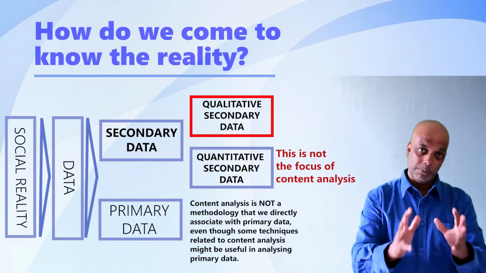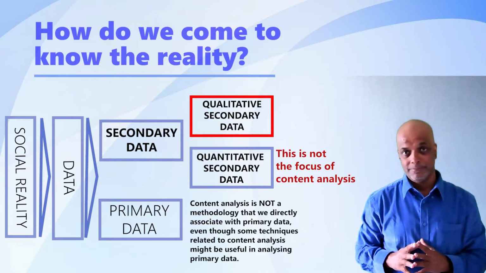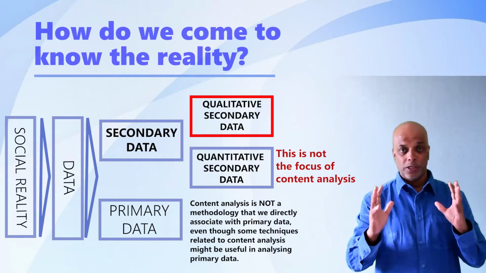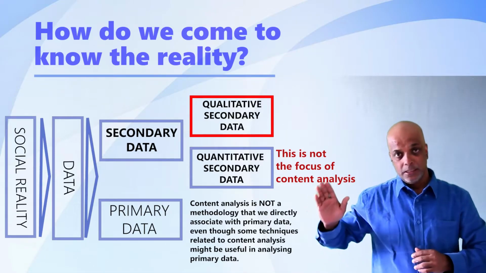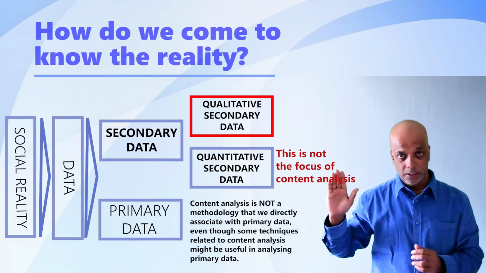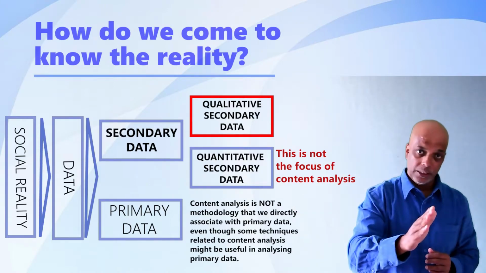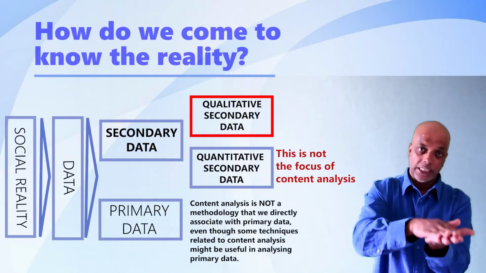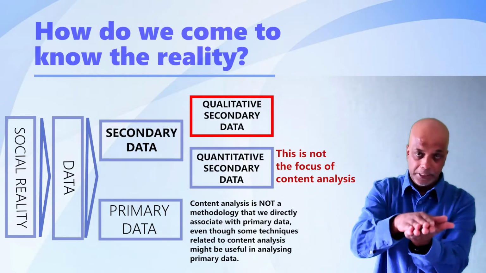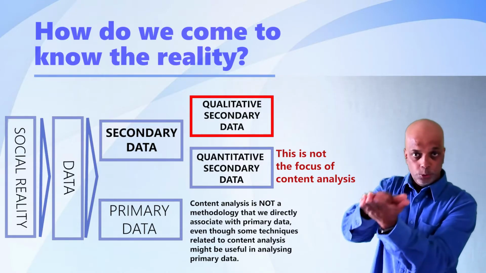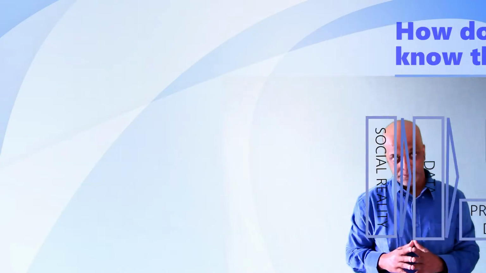And those are the type of data that content analysis would deal with. So, to repeat and emphasize, content analysis is a specific research methodology that primarily deals with qualitative secondary data. In other words, it is the qualitative secondary data that would be used by content analysis.